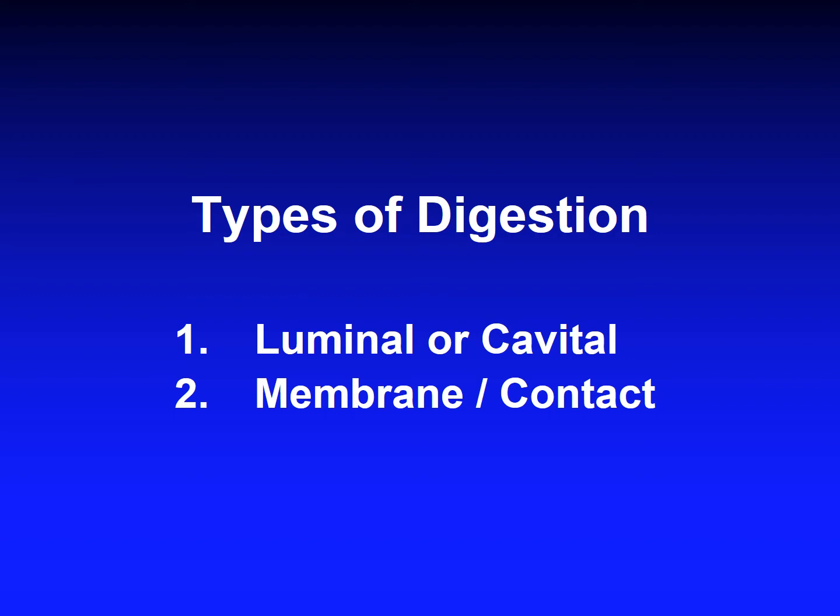But before we go there, let me just say that of these two types of digestion, one occurs in the lumen of the gut, that's why we call it luminal, and for the other one, the nutrient must be bound to the membrane of the enterocyte in order to be digested further, to be able to get to the enterocyte for the absorption process.